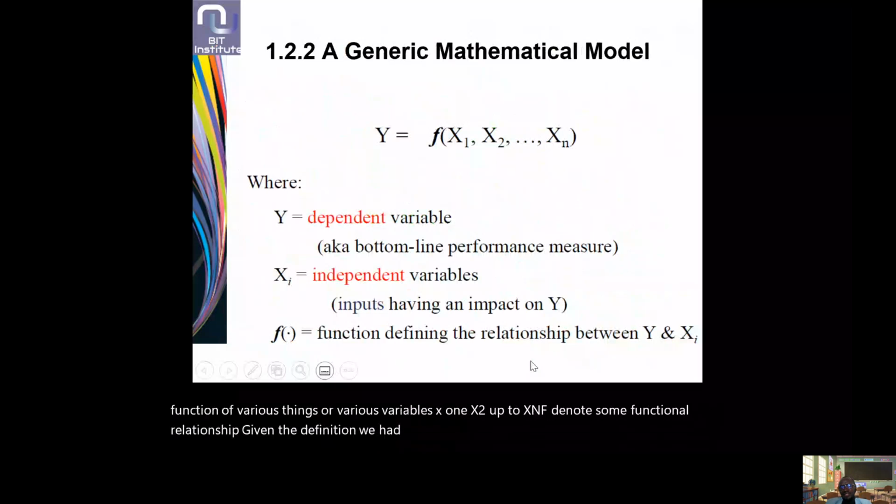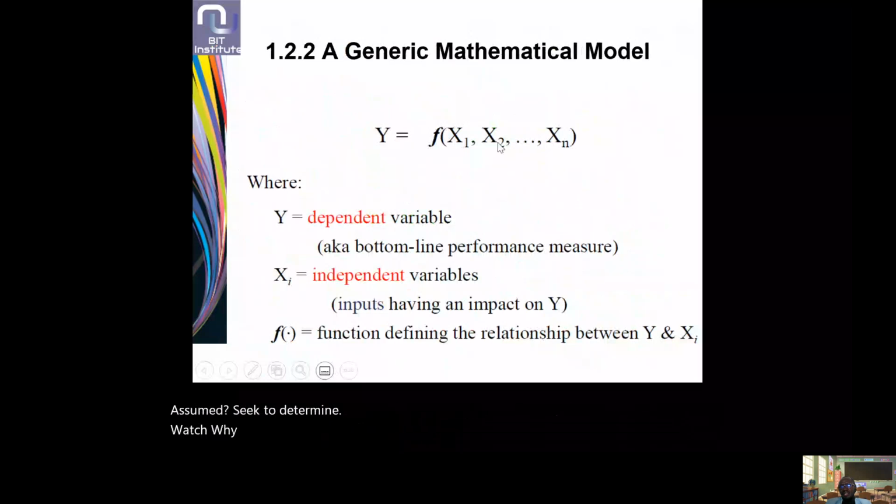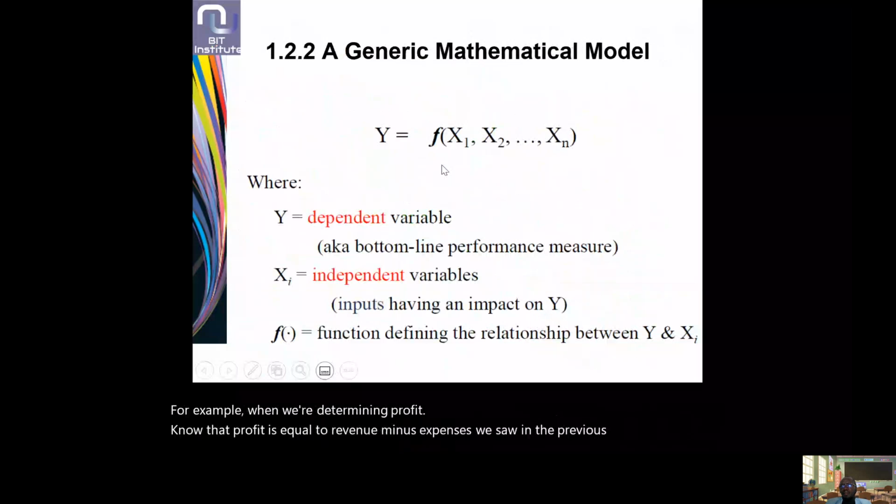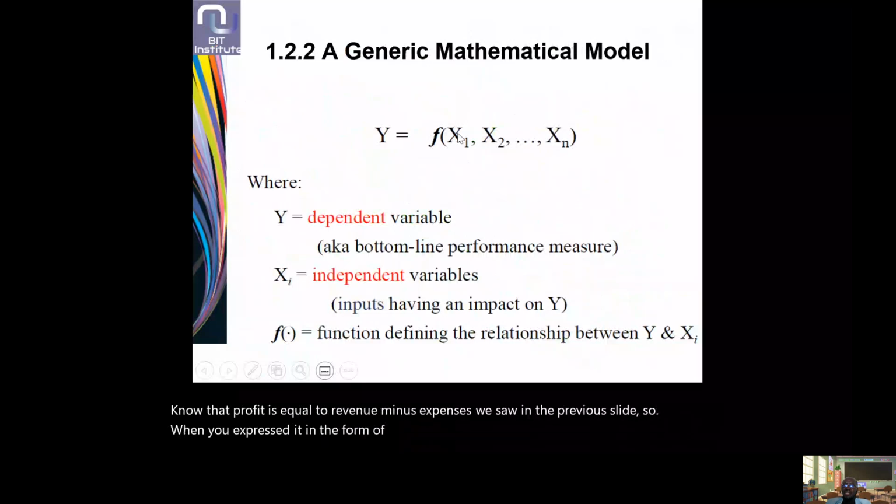In other words, what's the relationship as you seek to determine what y is? How are these variables related to each other? For example, when we are determining profit, we know that profit is equal to revenue minus expenses. We saw that in the previous slide. Right? So when you express it in the form of a function, you are not explicitly identifying the nature of the relationship between the variables.